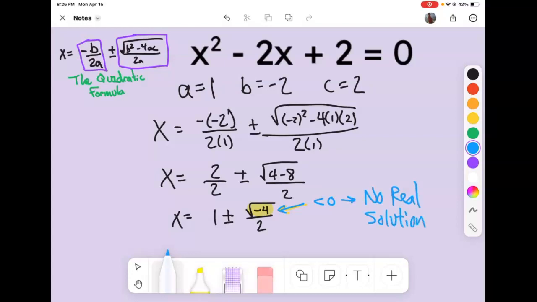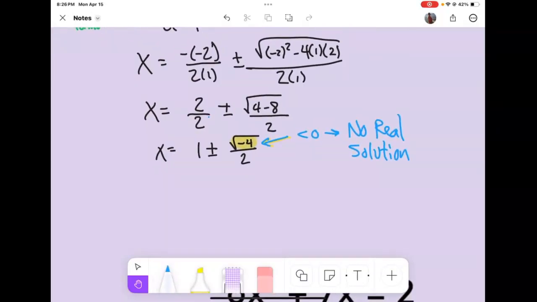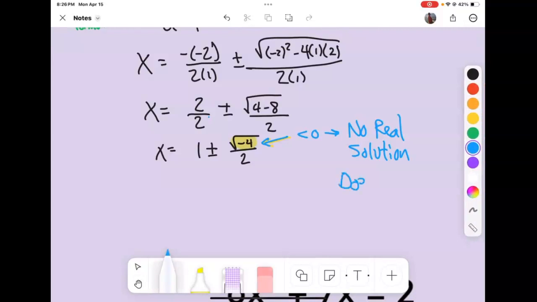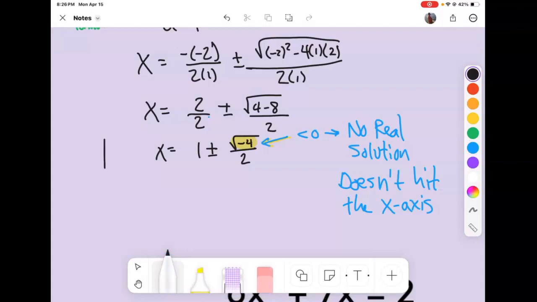And what that means, if we were looking at this on a graph, is that it doesn't hit the x-axis.